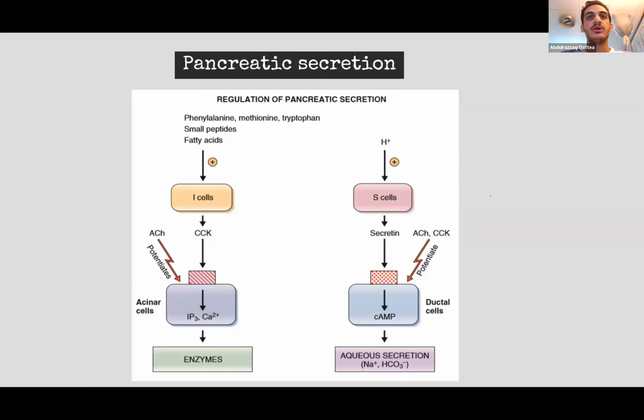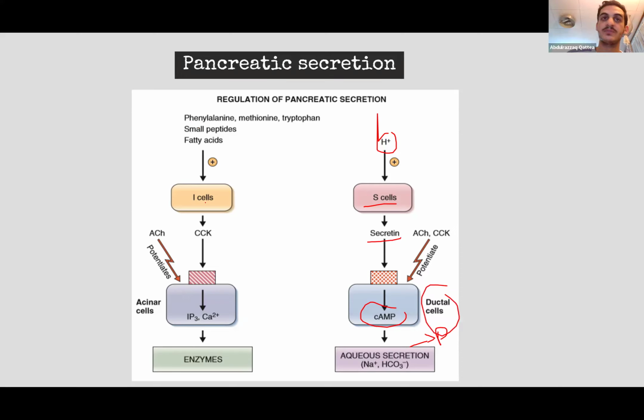Right, let's go to the next part. We said the S cells will be activated by the hydrogen or the acidic environment. And when the S cells are activated, they will release what? They will release secretin. Secretin will go by cyclic AMP and release bicarbonate in the ductal cells here.